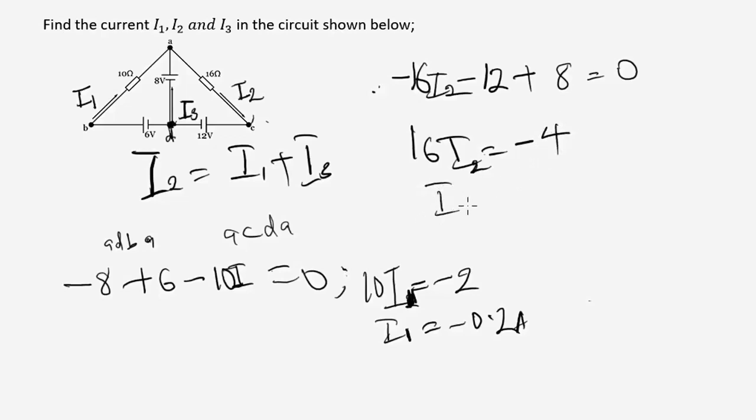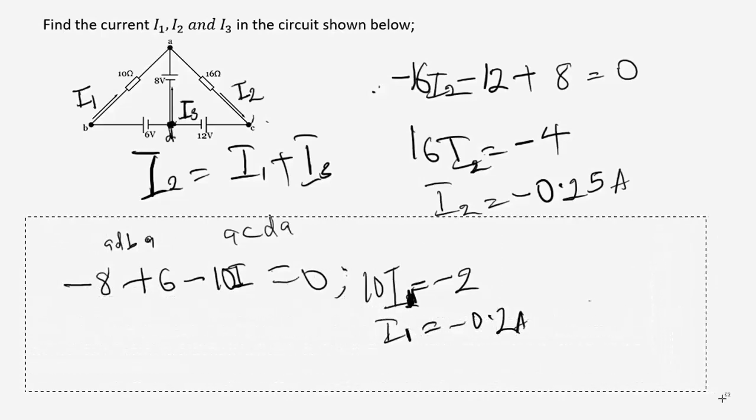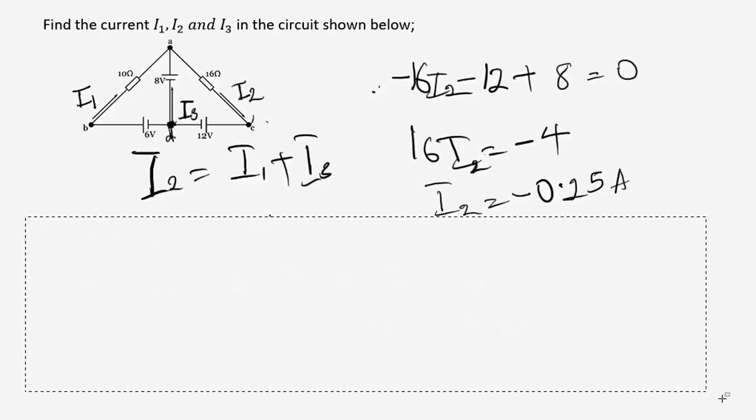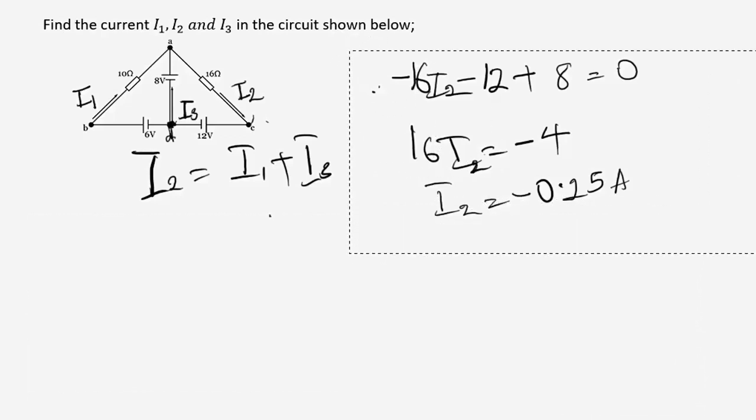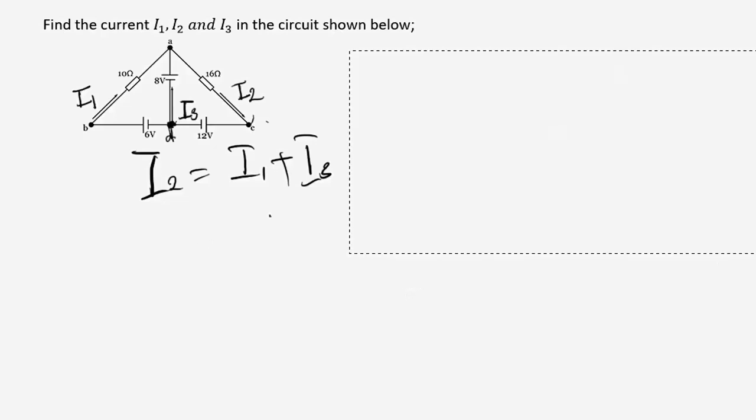So I2 is minus 4 over 16. That's minus 0.25, right? Yeah. Alright, so since we've gotten the values of I2 and I1, we'll go ahead and impute it in our first equation. So let's go ahead and wipe this. So let's recall I1 is 0.2 and I2 is 0.25.